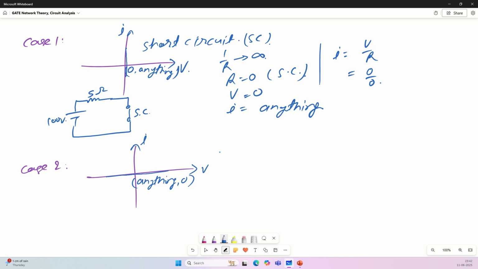So this is nothing but your open circuit, that is OC. What are the different cases that happen? My 1 by R will be 0, that is the slope is 0. In that case 1 by R is 0 means R will be infinity. It means it is an open circuit and my voltage can be anything. I will always be 0.